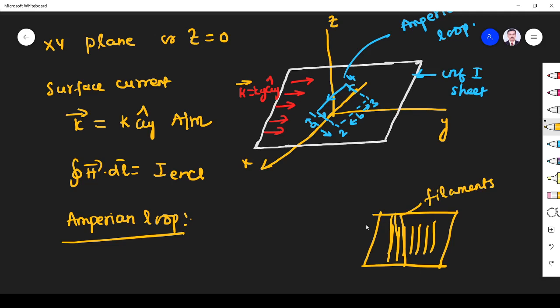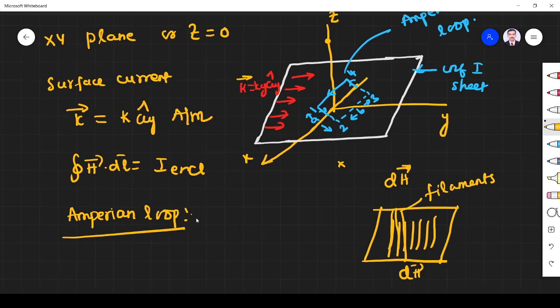So I am going to find the magnetic field generated by this filament above the sheet or below the sheet. That means if the sheet is on the floor, you want to find it in the ceiling, above the floor, or below the floor, or as per your room, above the ground or below the ground.